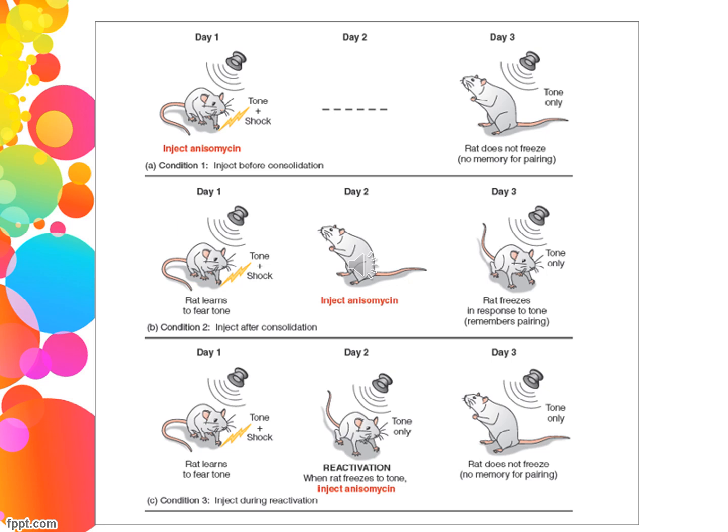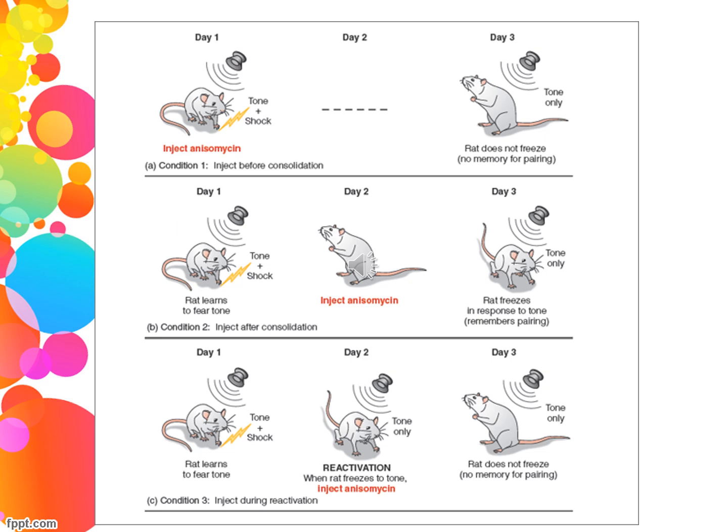Anisomycin is a type of antibiotic which inhibits protein synthesis, which means it interrupts the changes at the synapse that are responsible for forming new information. After they injected this antibiotic before the consolidation, they found that on day 3 the rats seemed not to have any fear towards the tone. It means that they never formed the memory of the conditioning.